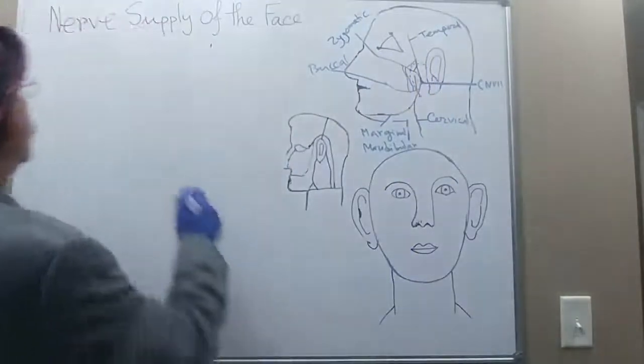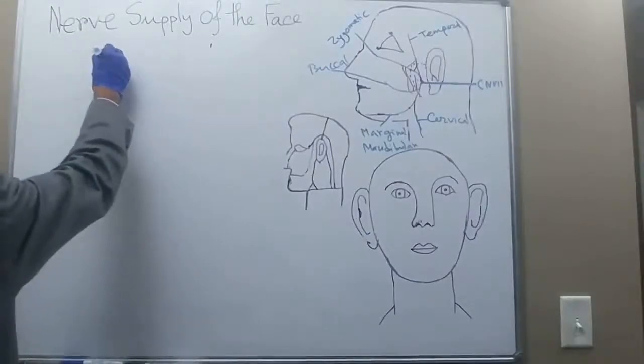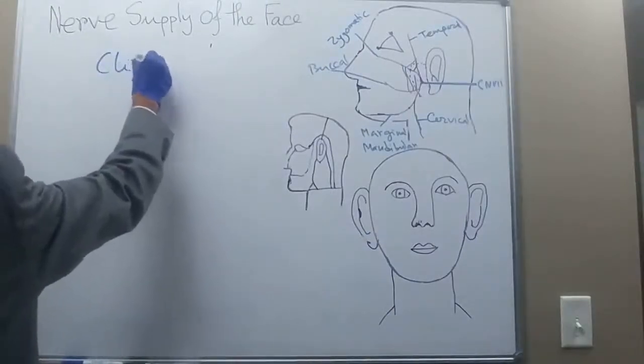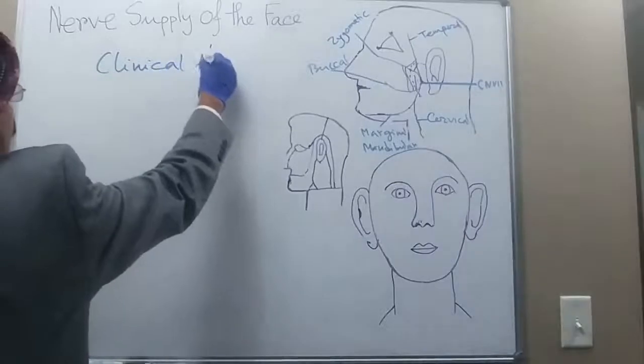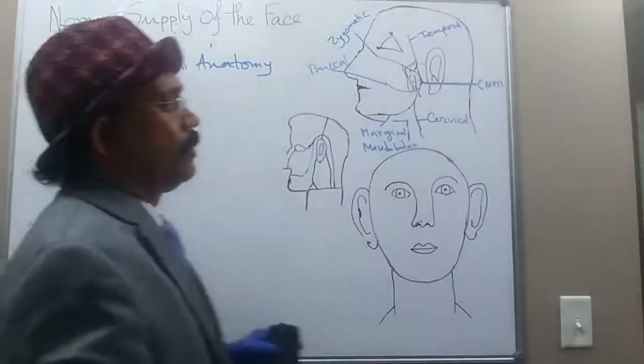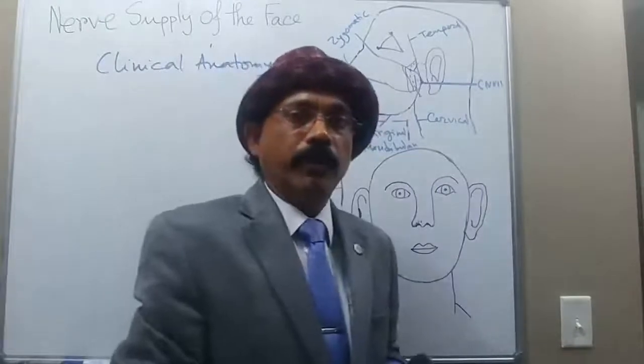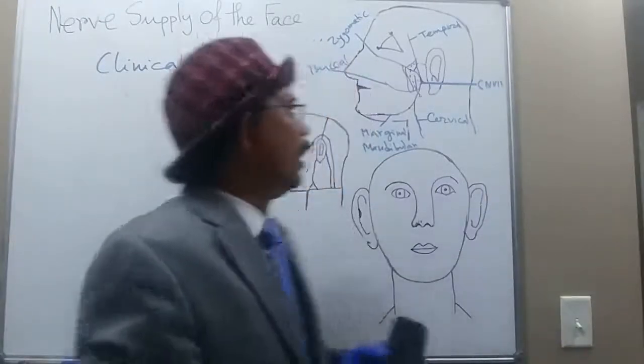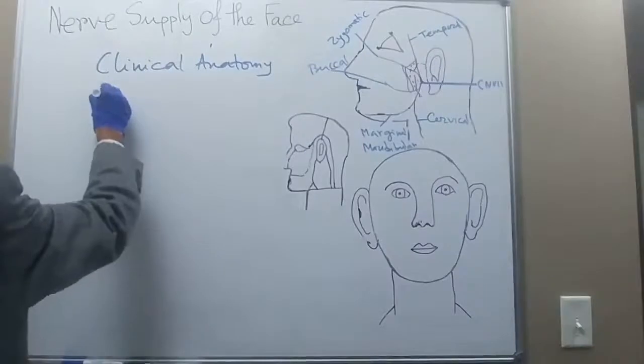If we go to the applied or clinical anatomy, the facial nerve may be damaged in the stylomastoid foramen or in the facial canal, and we may get Bell's palsy.